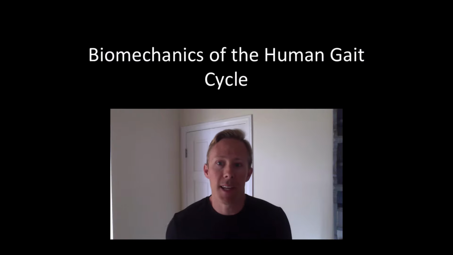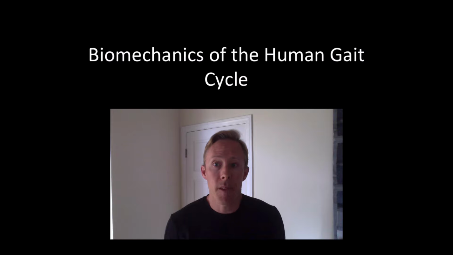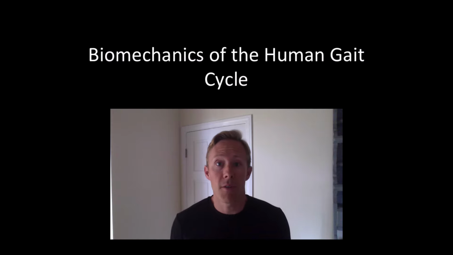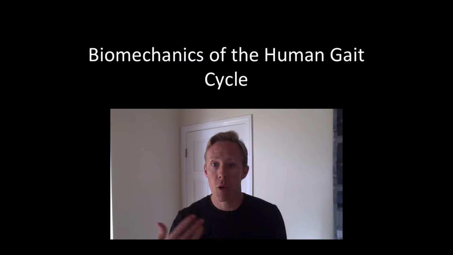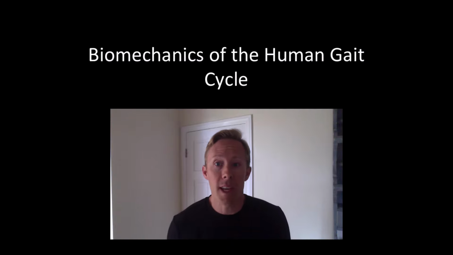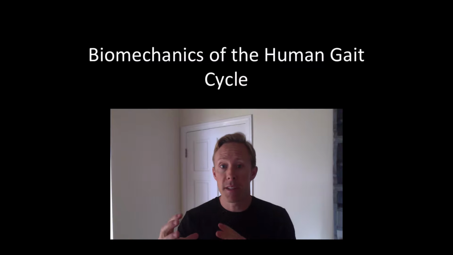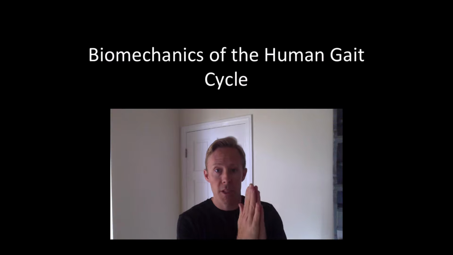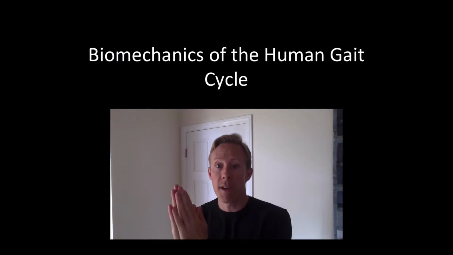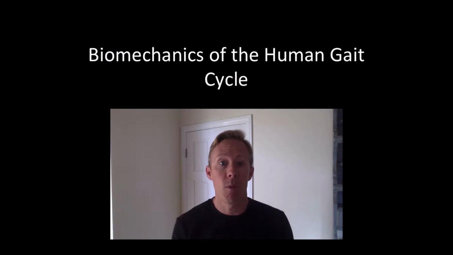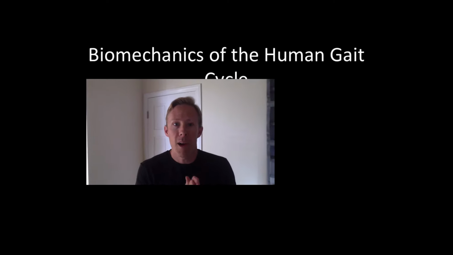It's a really important area and a very basic human skill that most of us take for granted until we're injured or have had some problem come about. There's a lot to gait. It seems pretty simple, but it really breaks down into different phases and events. I think this will help you understand it, and you'll be able to watch somebody break it down into these different events and try to figure out what's going wrong. So all right, let's jump into it.